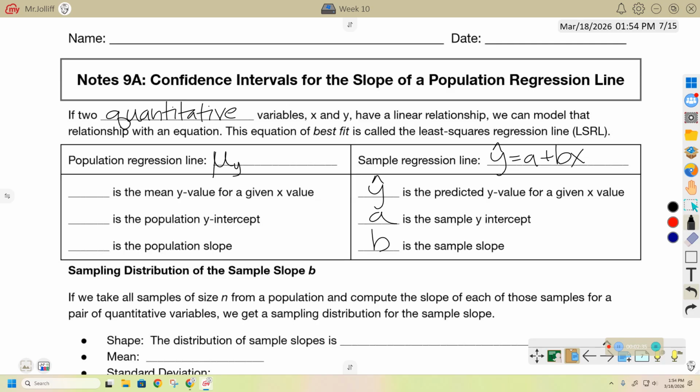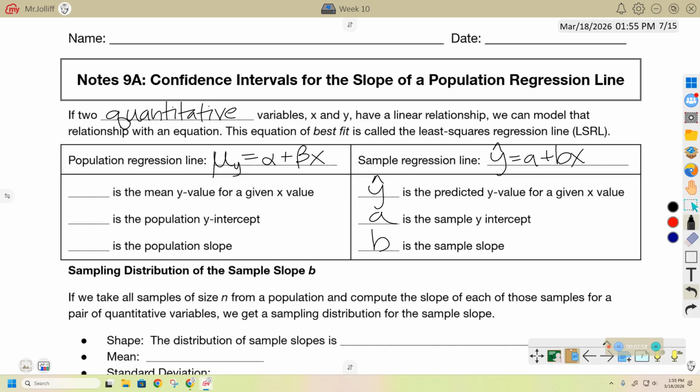If we looked at our class data for people who were 5'4", we had a wide variety of shoe sizes. So this is the mean of all of those y values for any given x value. So y, the mean of the y's, is equal to alpha plus beta x.